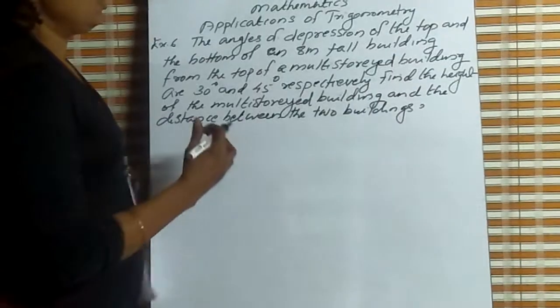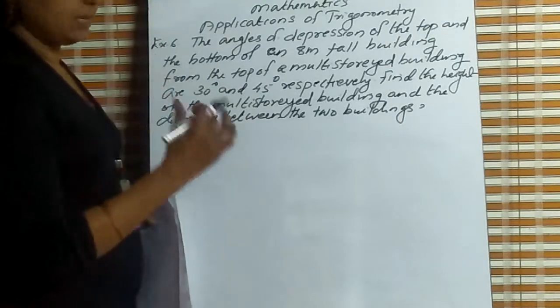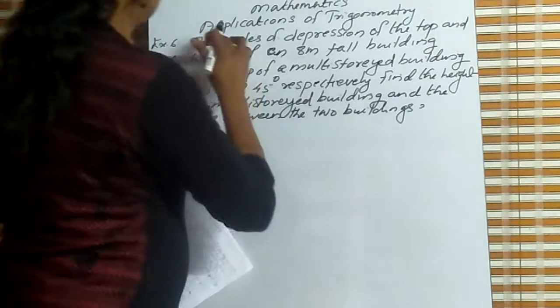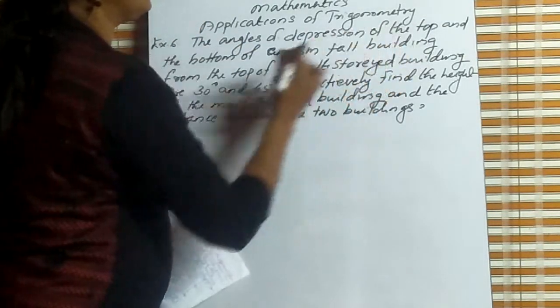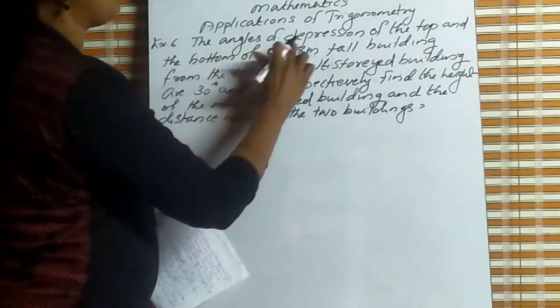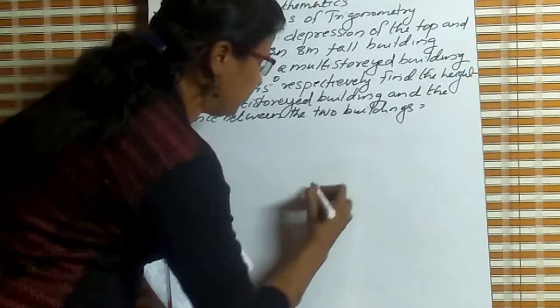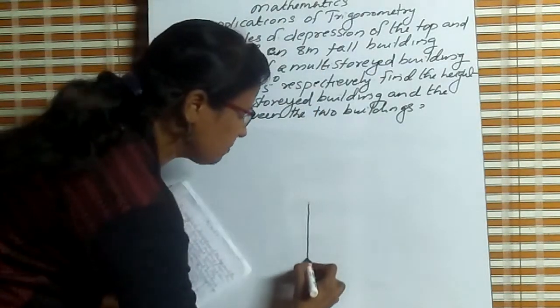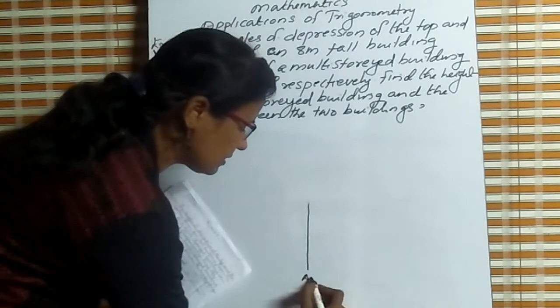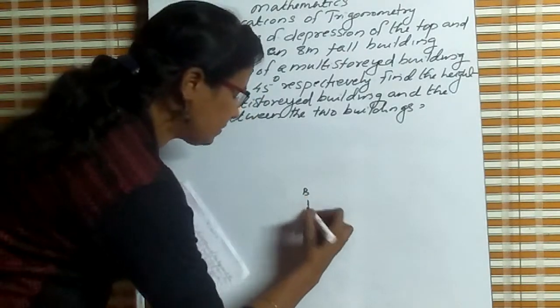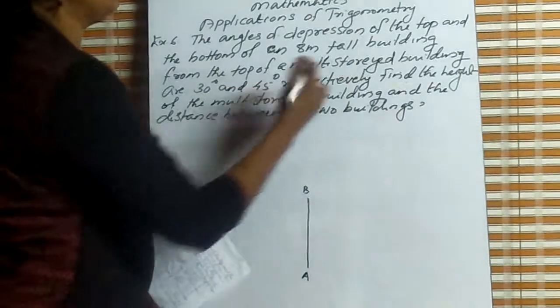First we draw a figure based on the given conditions. Here the angles of depression of the top and bottom of an 8-meter tall building. Let AB be an 8-meter tall building.